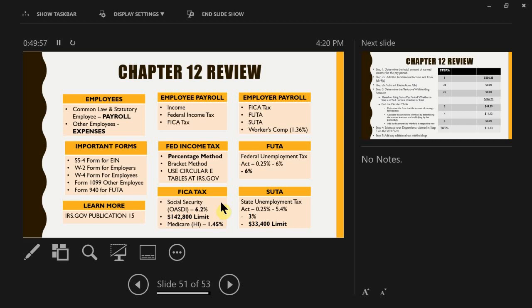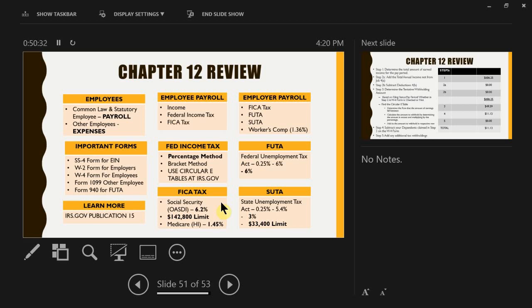Then we looked at FICA, the Federal Insurance Contributions Act, which is your Social Security, which is 6.2%. There's a cap limit on how much you can claim, $142,800. And we talked about Medicare, which is 1.45%, and there's no cap to the Medicare.